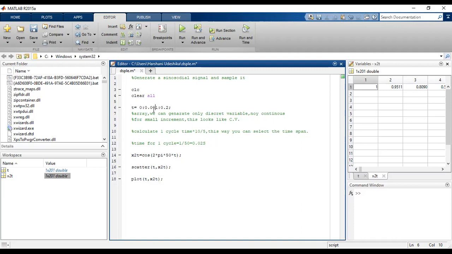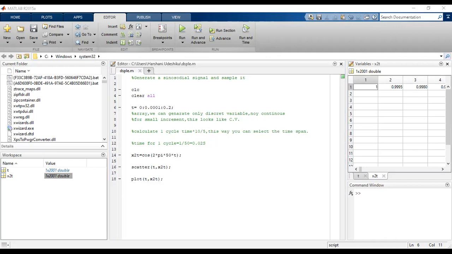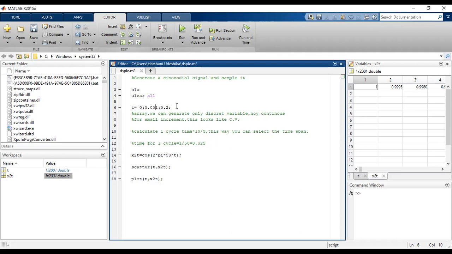If you take a very low increment, your signal will be smoother. But if you select more values, it will take more time to calculate and draw. If your signal looks like a continuous-time sinusoidal signal, that increment will be enough. So that is how we generate the signal.